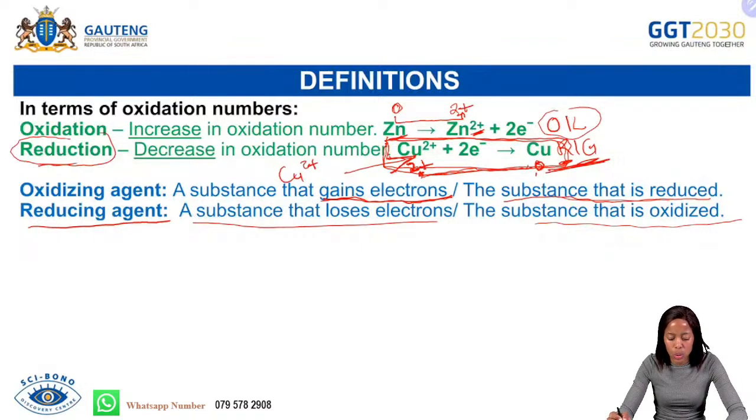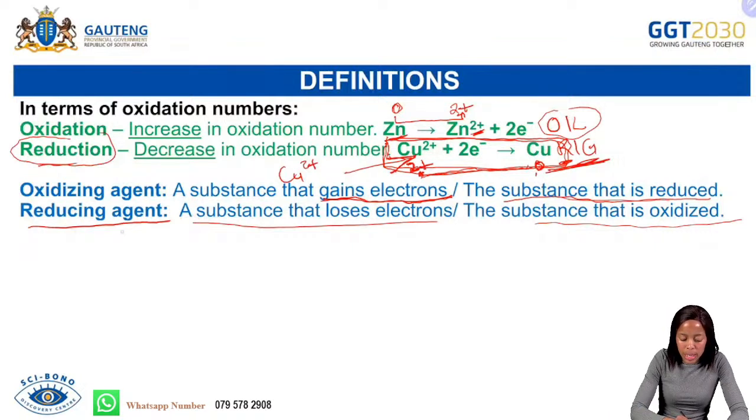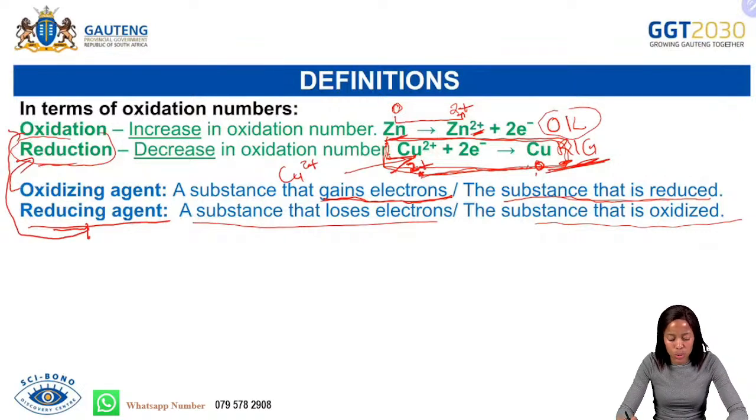Oxidation is loss, loss of electrons. So it therefore means that we are going to relate this reducing agent to oxidation. So oxidizing agent, we relate it to reduction.